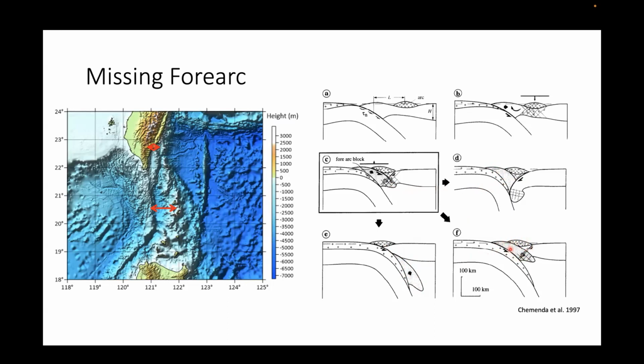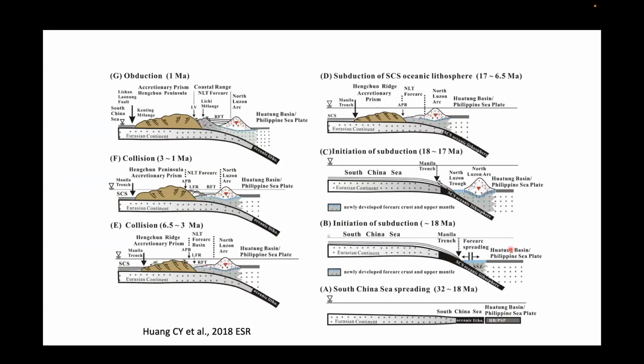So we want to use our numerical model to test it, and also look at how we can use the model to interpret our surface geological observations. This is the typical schematic evolution of the arc-continent collision in Taiwan.